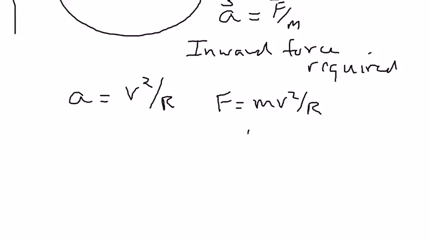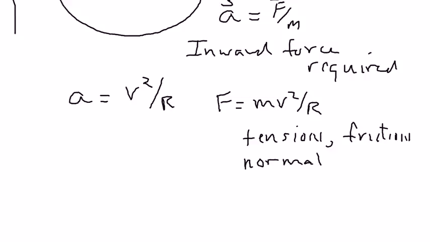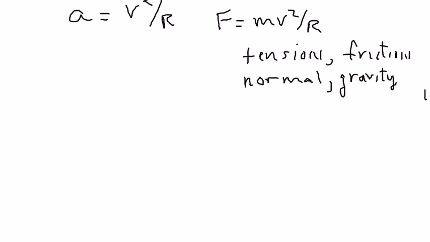So it could be, for example, tension, it could be friction, it could be a normal force, it could be gravity. For example, planets going around the sun are caused to go in a circle because of the gravitational attraction between the planet and the sun.